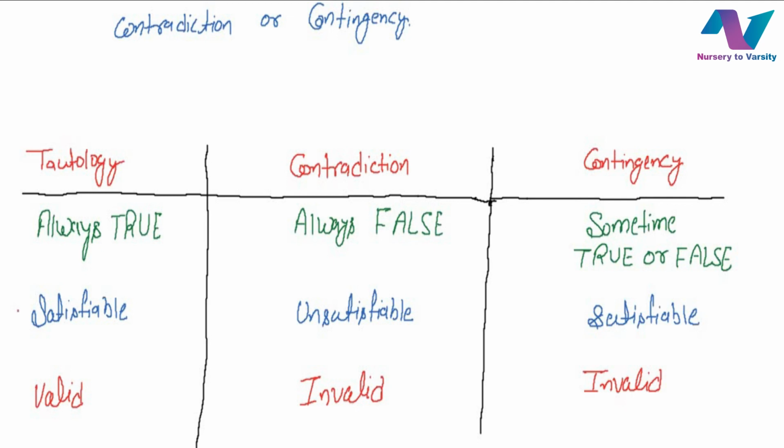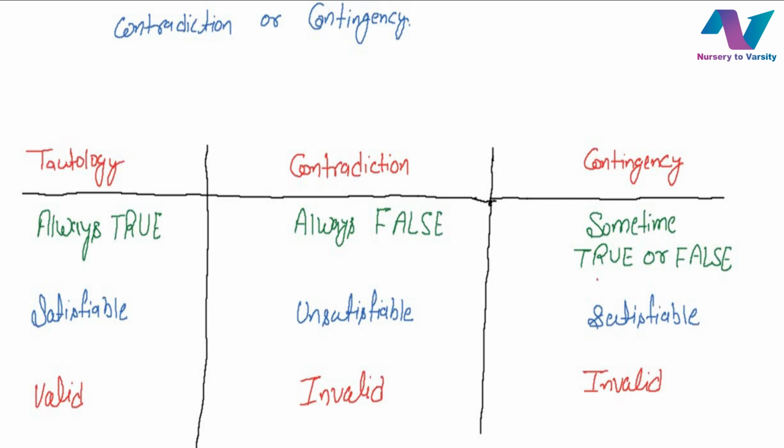Tautology follows the satisfiable rule, contradictions follow the unsatisfiable rule, but contingency is satisfiable, because from the definition of satisfiable there is a need for one true, and in contingency there is a combination of true and false. And tautology is always valid, contradiction is invalid, and contingency again is invalid, because it is invalid with the help of true and false.